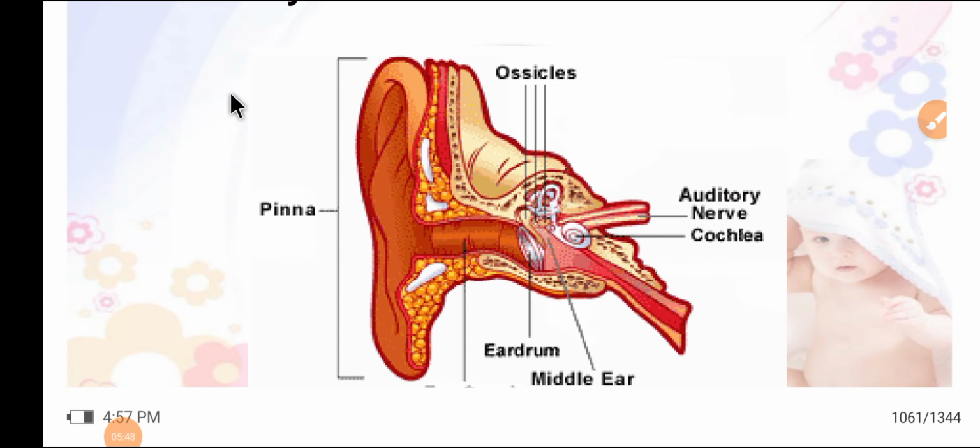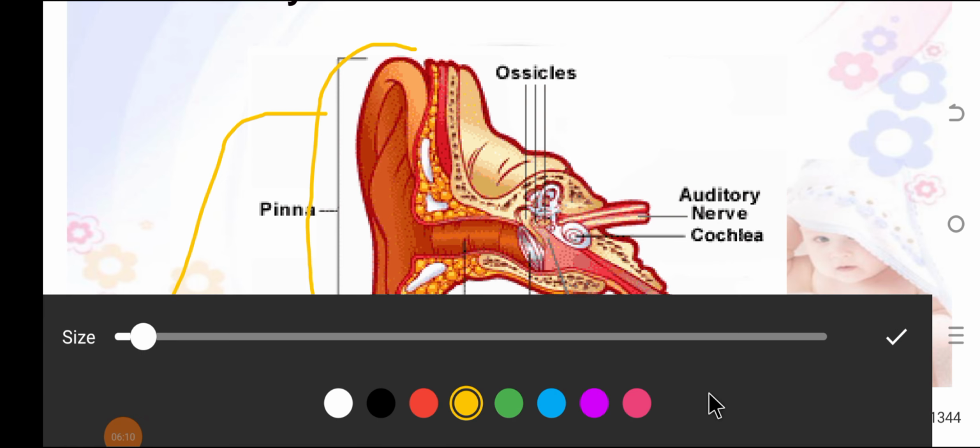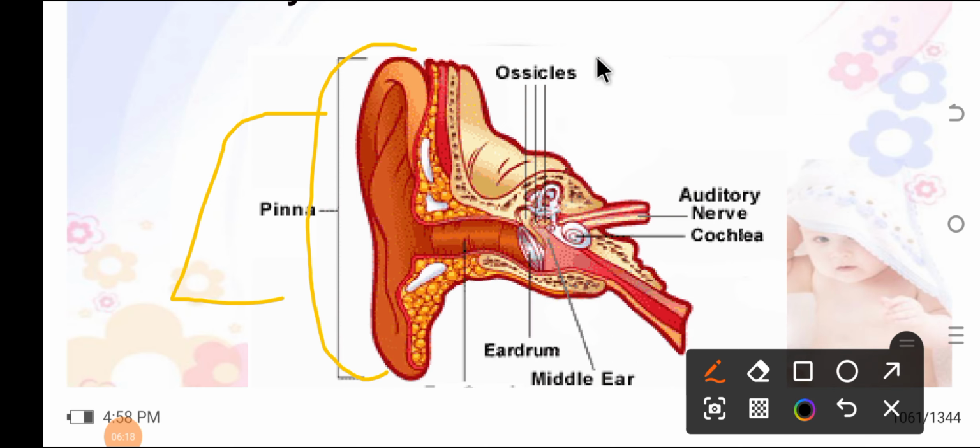Ear anatomy. This is the pinna. And these are the ossicles.